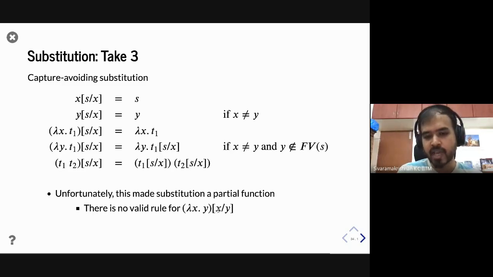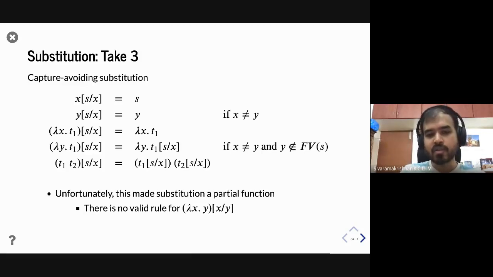I'm substituting x for y in this constant function, and the rule here says that x shouldn't be a free variable in the term that we are substituting. It is a free variable, right? This is bad. If you give this particular function and substitution as input, this function will get stuck. It will just say, I don't know what to do with this, right?